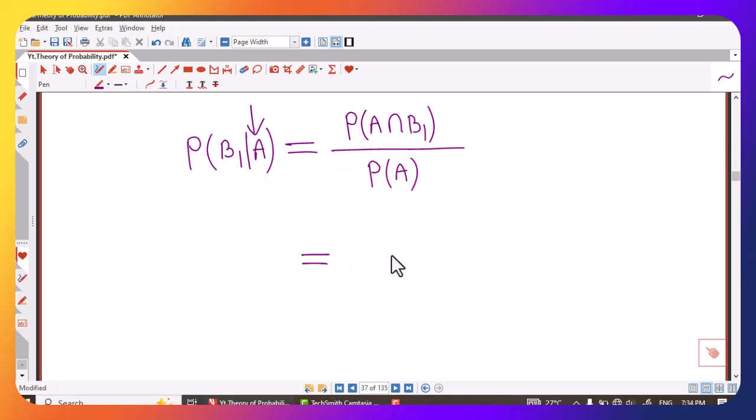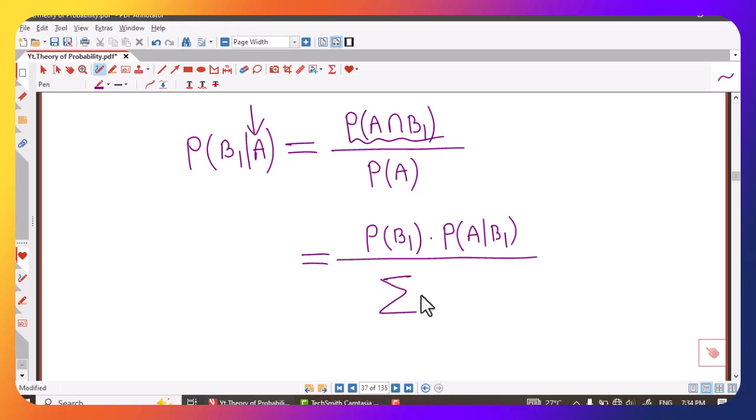And now again I can replace this by using the multiplication rule of probability. I have the probability of B1 times the probability of A given B1, and for the probability of A, by the total probability rule, this is the sum of the probability of Bi times the probability of A given Bi, i equal to 1 to n. So in this way I can calculate the conditional probability of B1 given that A has occurred.